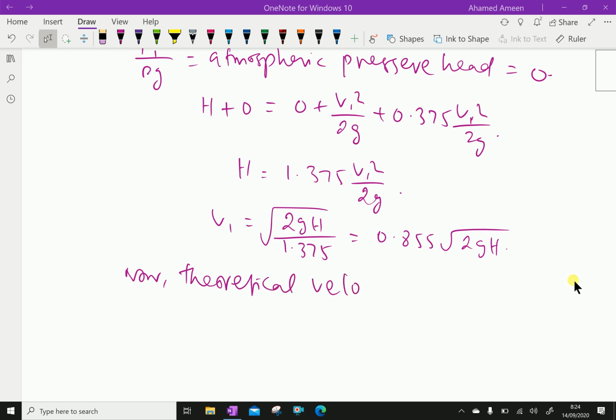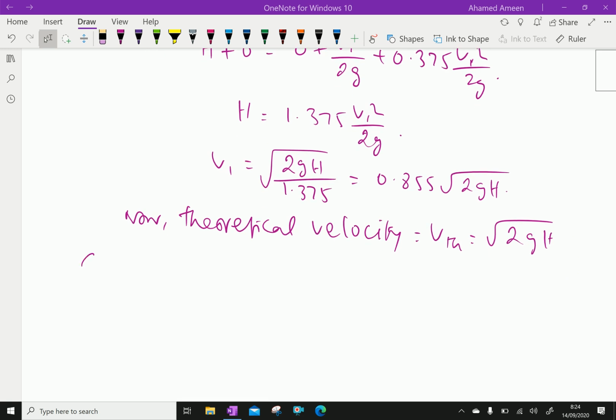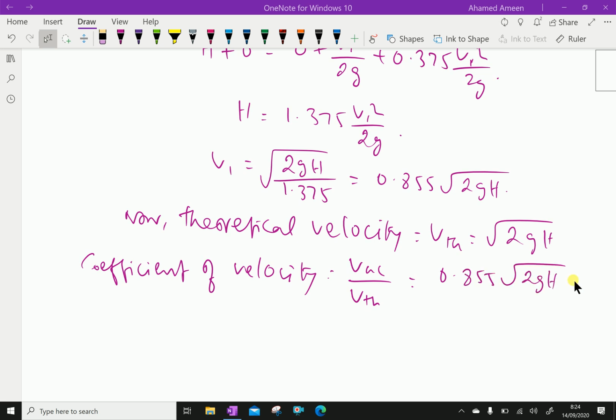Now, the theoretical velocity V theoretical is square root of 2gh. Therefore, the coefficient of velocity is equal to actual velocity over theoretical velocity, which is 0.855 square root of 2gh over square root of 2gh.